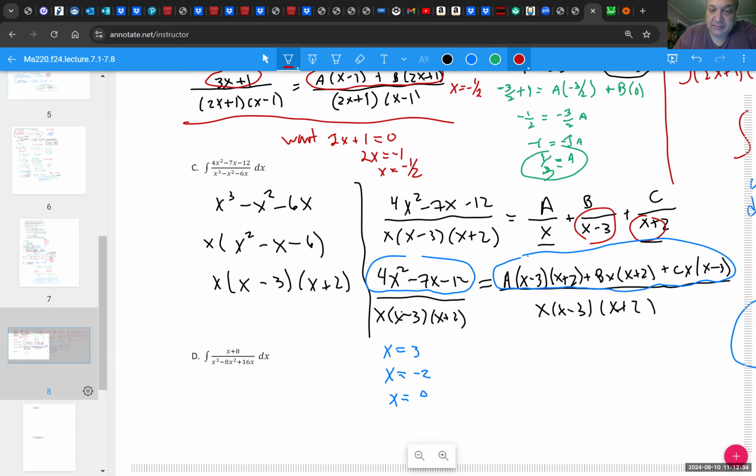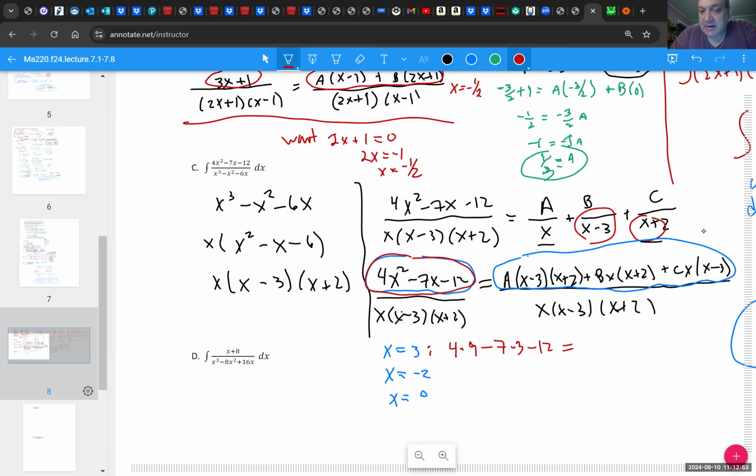All right, so for x equals 3, remember I have to plug in 3 into the left-hand side and the right-hand side. So 3 goes in here as 4 times 3 squared, or 4 times 9, minus 7 times 3, minus 12. That's plugging 3 into the left-hand side.